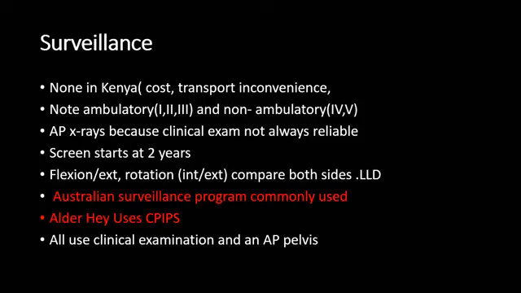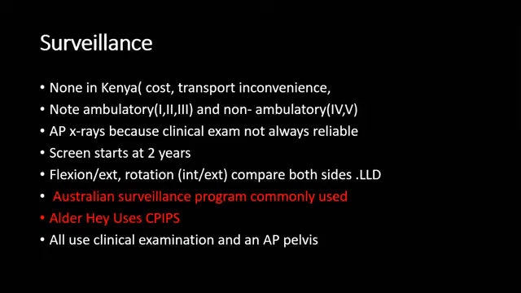The surveillance, of course, is mainly based on the clinical. So clinical examination is very key, and X-rays must be well taken, as we shall see later. The screening should start at 2 years. Why 2 years? As we have said, the hip is normal at birth, towards 2 years, 3 years, and that corresponds to the brain and muscle growth.